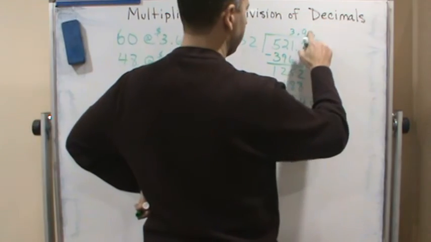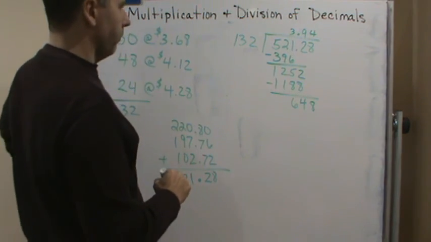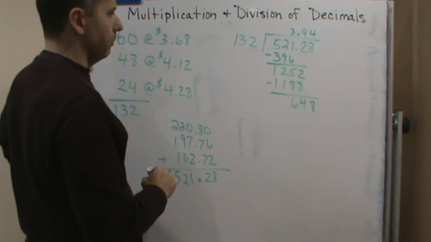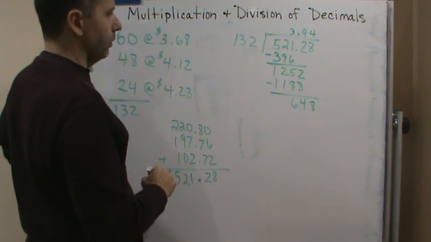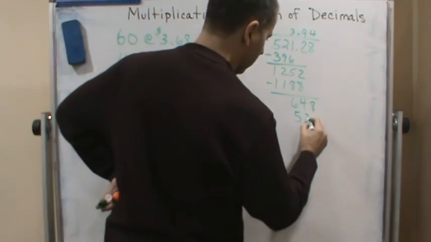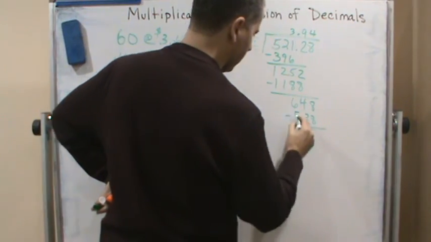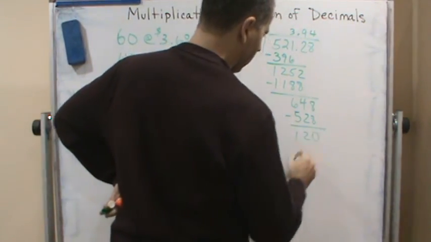No, it's not going to be 5. It's going to be 4. So this would be 528. Subtract, and I'm going to get 120.